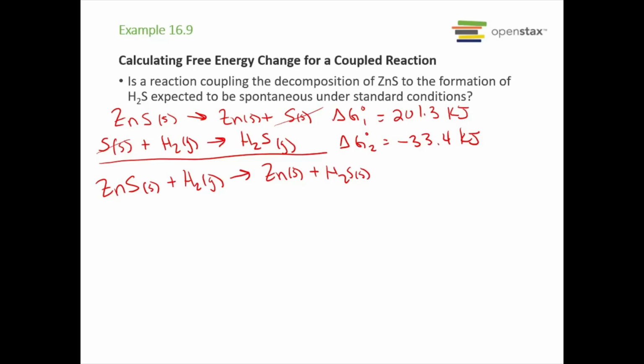A good old single displacement reaction. And so remember then the delta G's also add. So delta G3 or delta G total, whatever you want to call it, is these guys added up, and that is 167.9 kilojoules. So this is greater than 0, let's say positive delta G, so this is non-spontaneous.